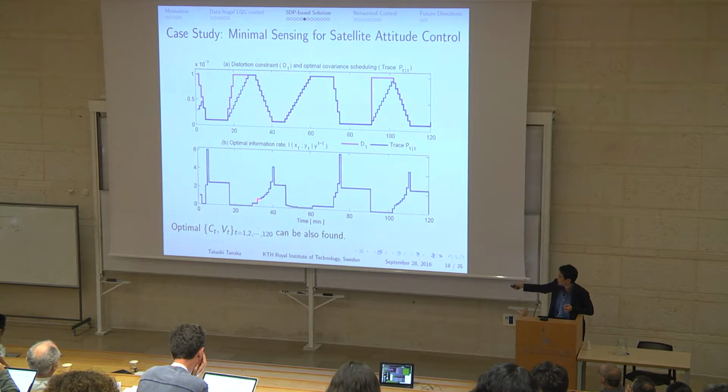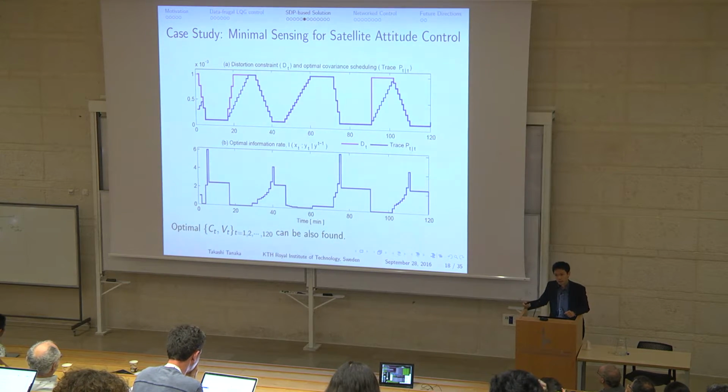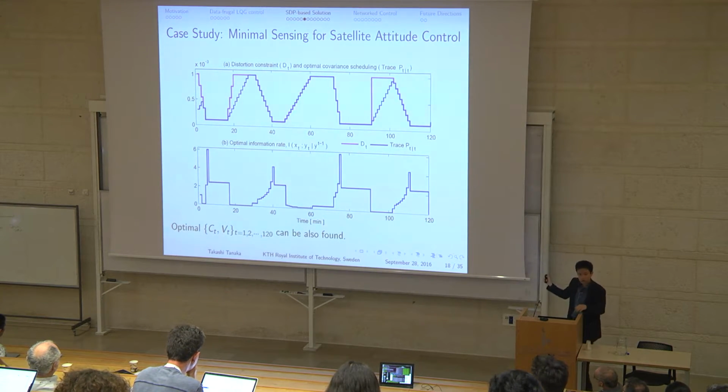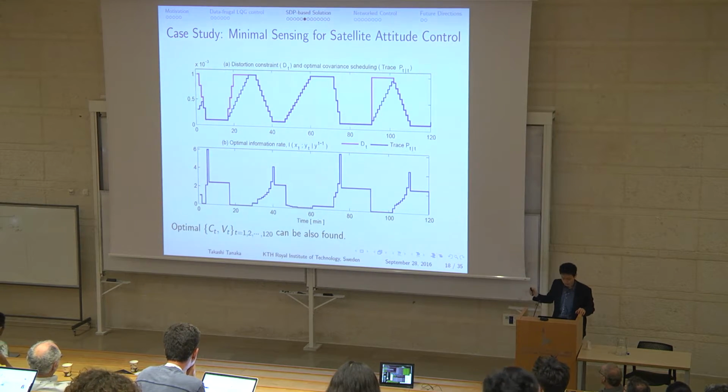The satellite needs to send new information to the ground station so that the estimation error can be kept below this level. Right? And I hope this is an intuitive result. But again, you can solve this kind of optimization problem by writing a few lines of Python or MATLAB code.